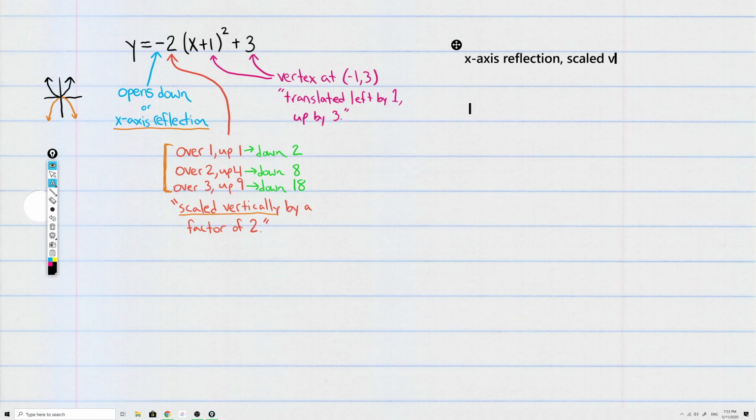Let's say that it's scaled vertically by 1/2, and let's say that the vertex is at (-3, -4). So you can put this all together and you can write the equation of this parabola really quick. There's actually no work to do. There's no work to show. It's just a little language problem and more or less fill in the blank.